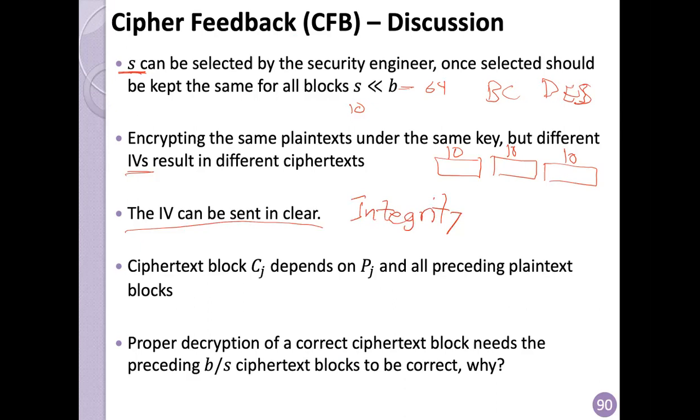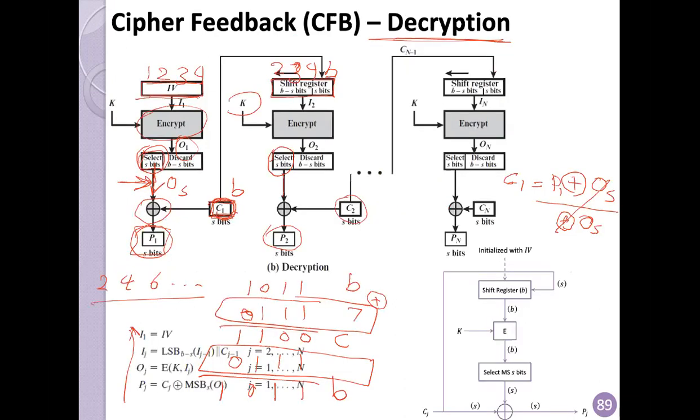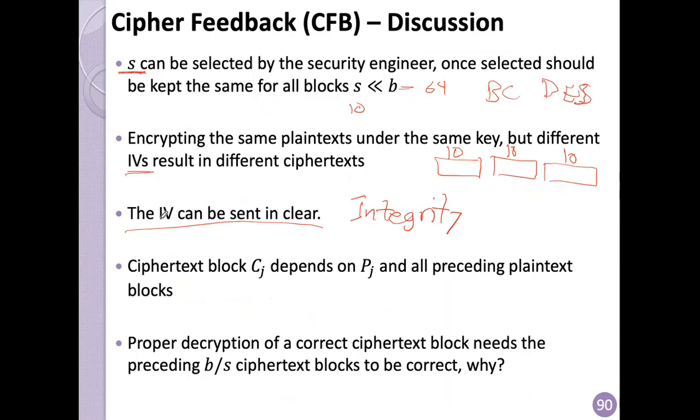But I should make sure that when I'm using it in the decryption process, it's the exact same initialization vector. Because if the attacker comes and changes the initialization vector, what I get is going to be different. The plain text, at least for that block, is going to be different. We'll be talking about what would happen if some bits of the initialization vector or ciphertext are not okay.